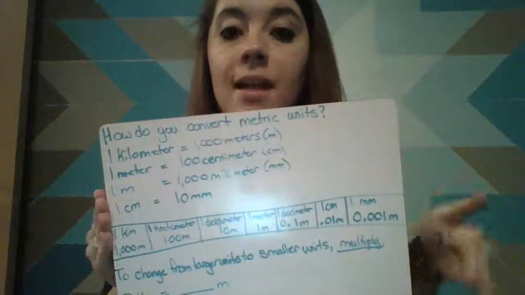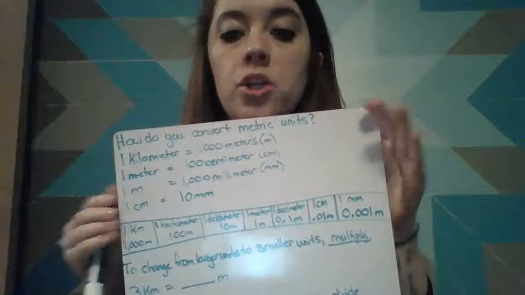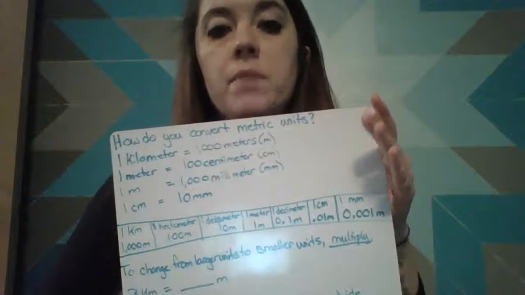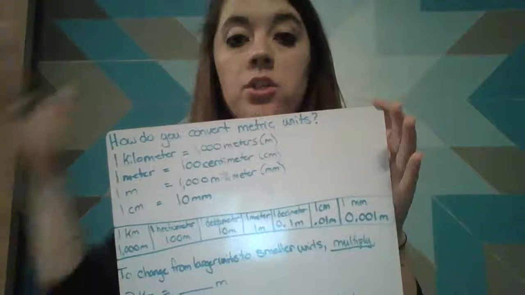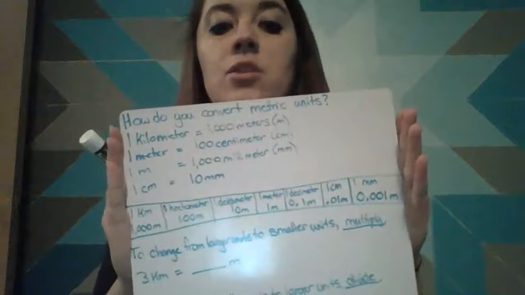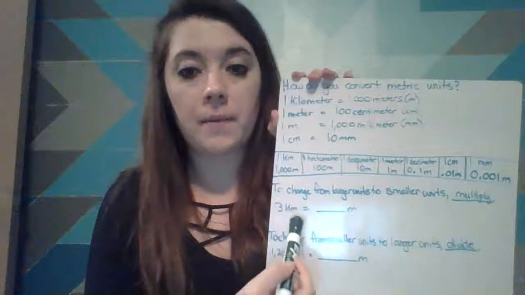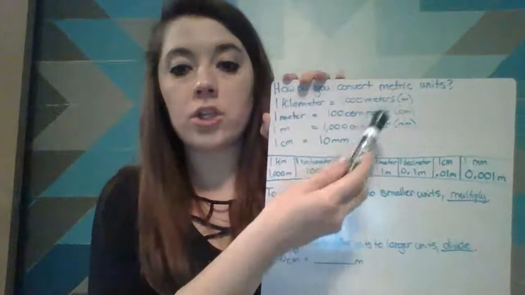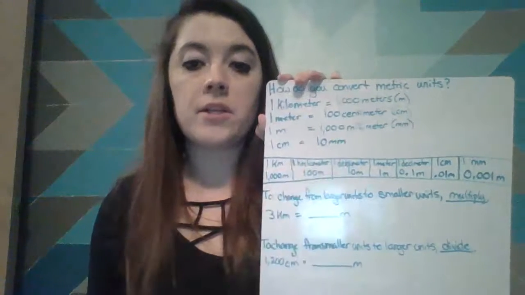So just like with the customary system, to change from a larger unit to a smaller unit, we're going to multiply. So that stays the same. Always from a larger to a smaller, you're always going to multiply. So what we're looking at first is 3 kilometers equals how many meters? Well, a kilometer is larger than a meter. So 1 kilometer equals 1,000 meters.